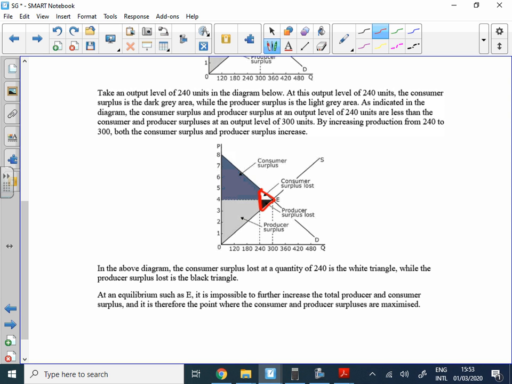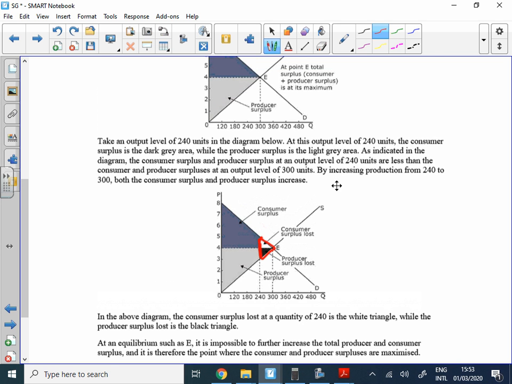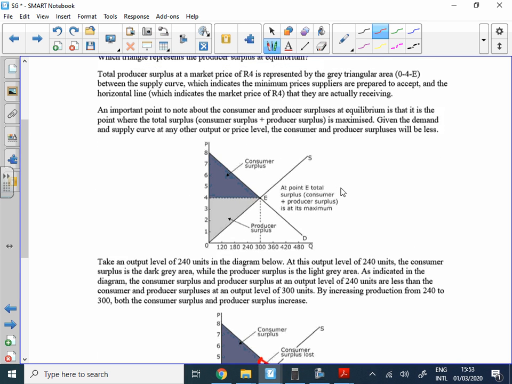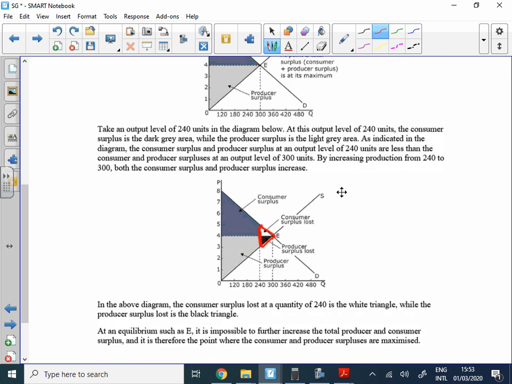If the cost of production increases, it would shift the supply curve. But in this case, the supply curve is still in the same place. They're saying this is just an explanation.